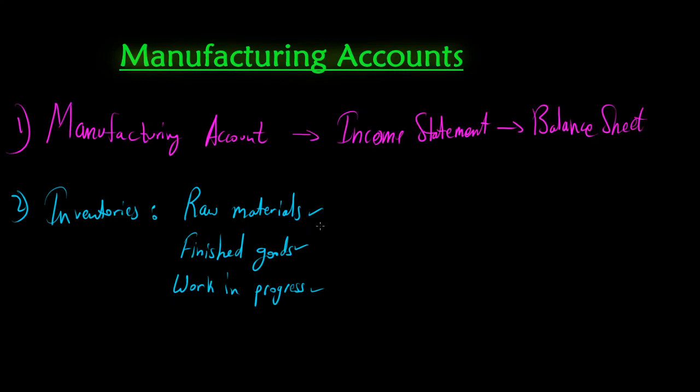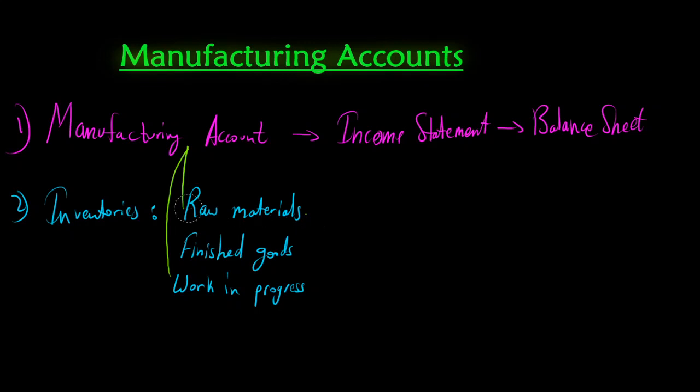Now, the inventory of raw material and work in progress is entered in your manufacturing account, since it's related to the manufacturing of goods, right? It is linked with manufacturing of your goods.